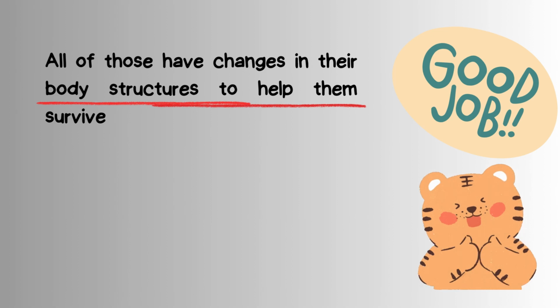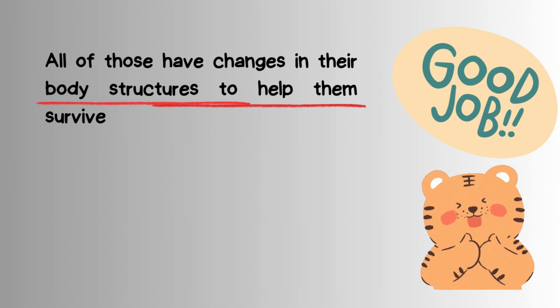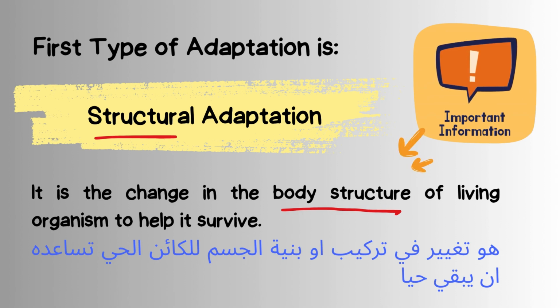So now we can say, as little scientists, that there is a type of adaptation that depends on what? The change in the body structure of living organisms to help them survive. So here we have a type of adaptation, and this is the first type of adaptation.